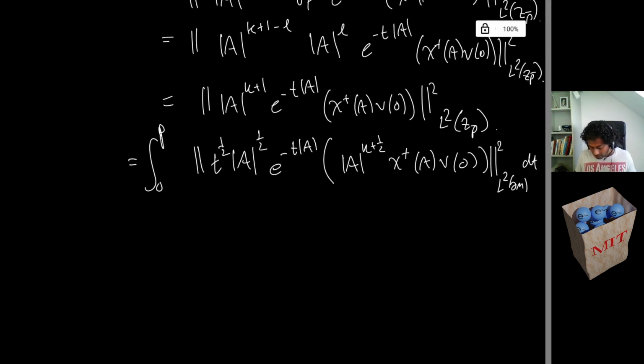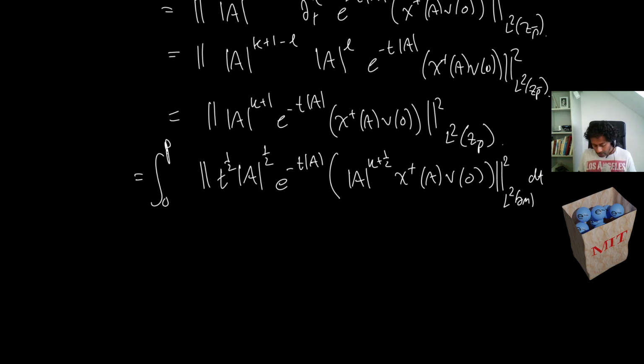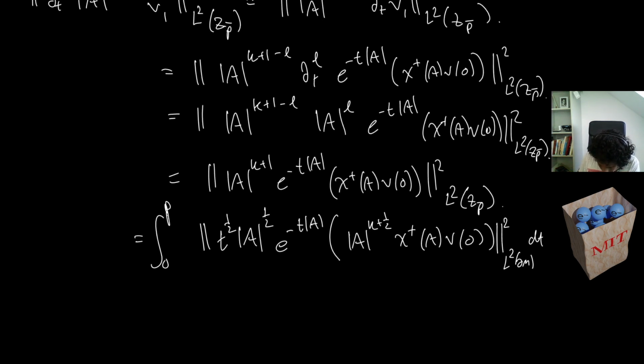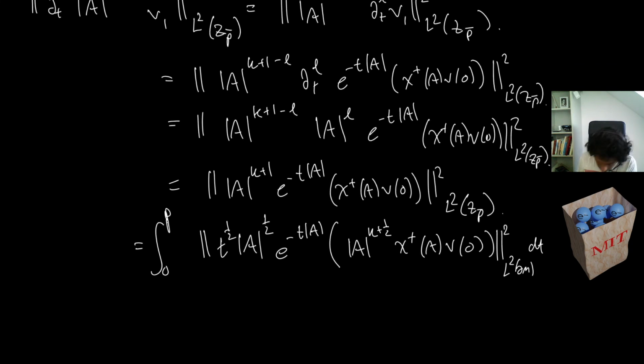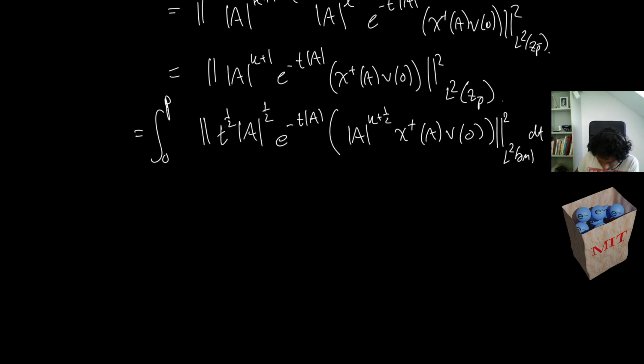So you can really reinterpret these trace theorems from an H infinity functional calculus point of view. And so what does the H infinity functional calculus tell us? It tells us now that this integral is going to be, first of all, I can replace the rho with infinity.